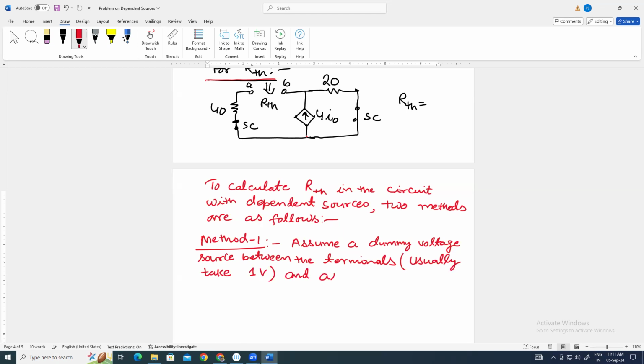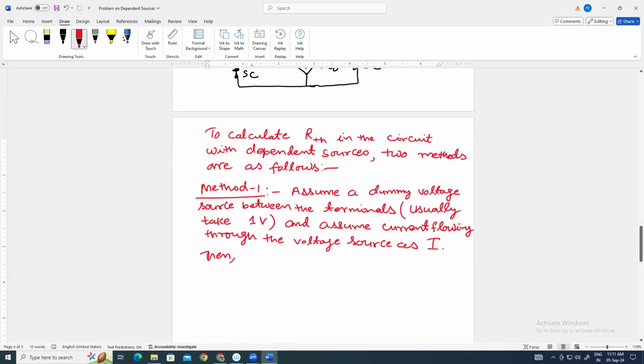So if you are taking 1 volt, and assume the current flowing through the dummy voltage source as I, capital I. Then Thevenin resistance RTH, that will be R equivalent, that will be equal to 1 divided by I. That you have to calculate.